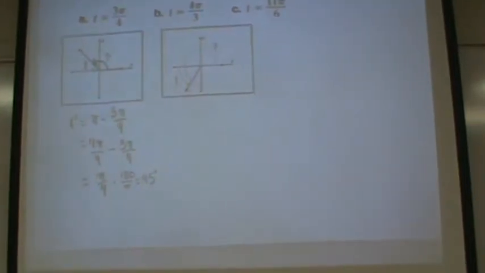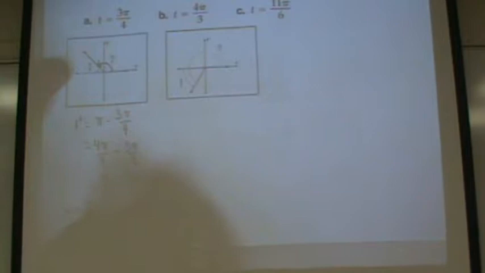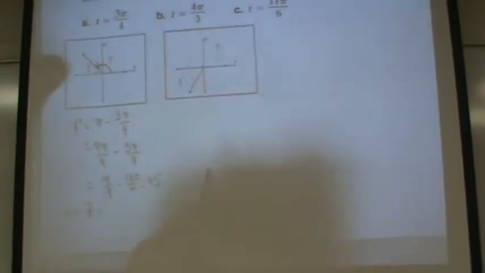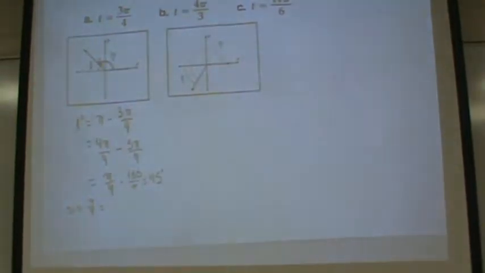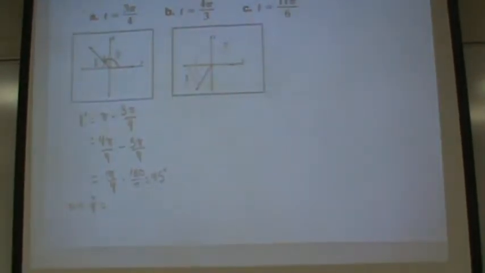Now, if we're finding sine, cosine, and tangent, so sine of pi over 4, or a 45 degree angle. And remember, we need to take into consideration what quadrant we're in. So this is where knowing what sign each quadrant has for each ratio comes into play.